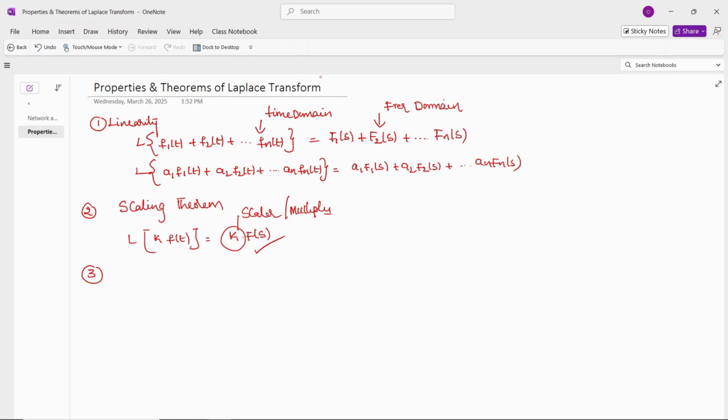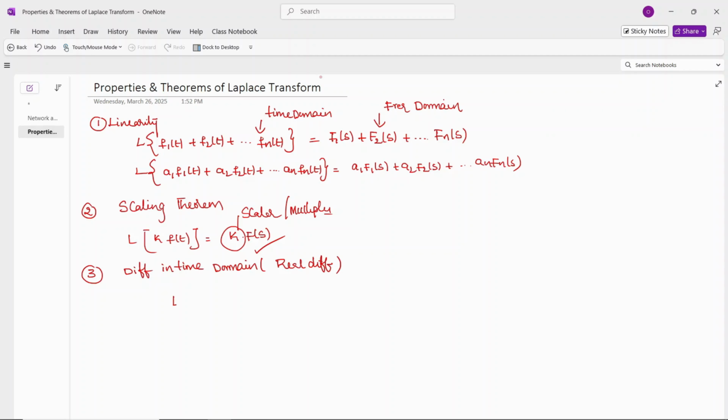The third property of the Laplace is differentiation in the time domain. We are going to do the differentiation in the time domain. This is also called real differentiation.